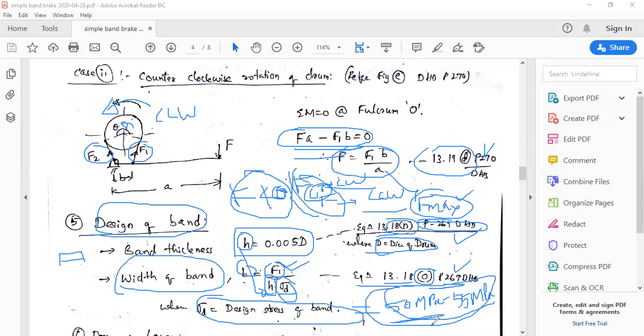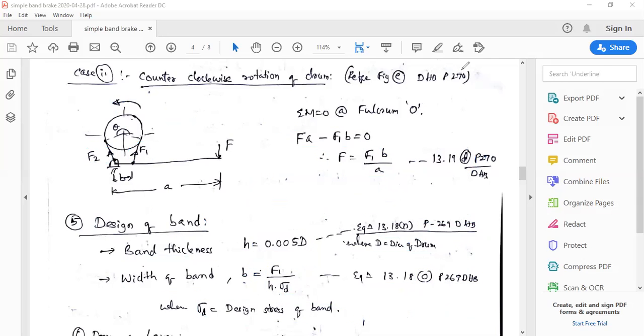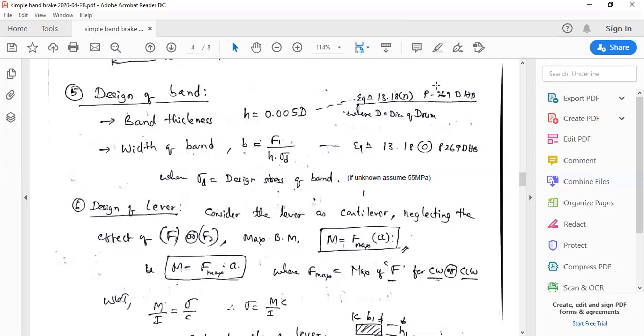If it is given, that is well and good. If it is not given, you have to use 50 or 55, so remember that.